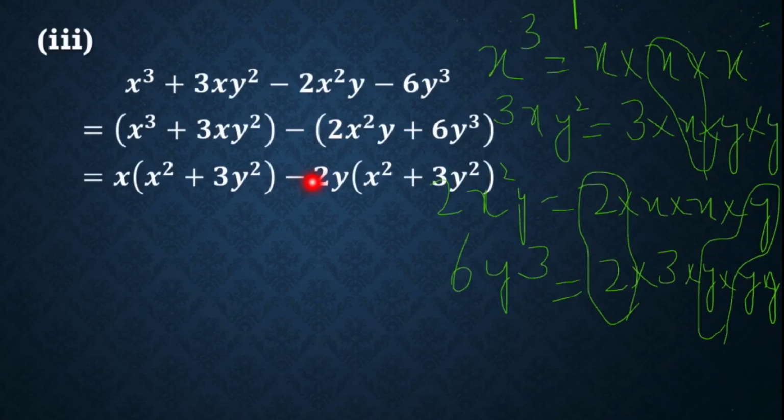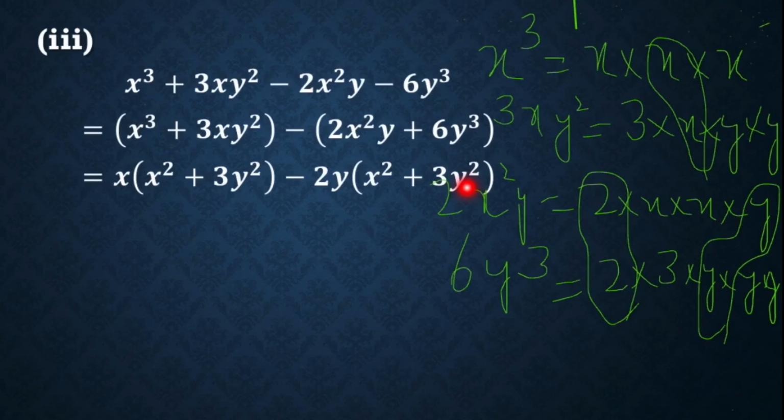Minus, from these two terms we have taken common 2 and y. Writing it here, we will be left with x square, then sign plus, we will be left with 3y square.